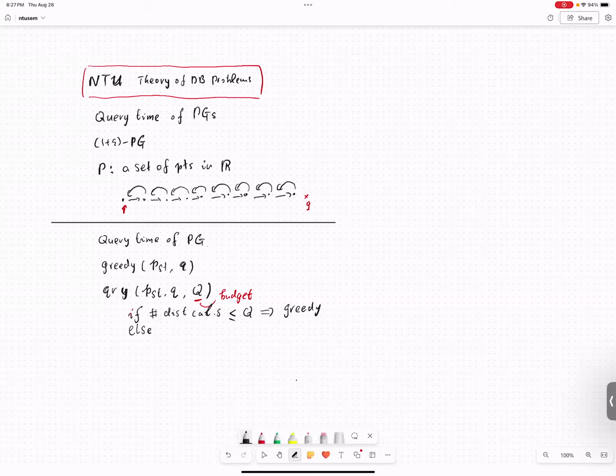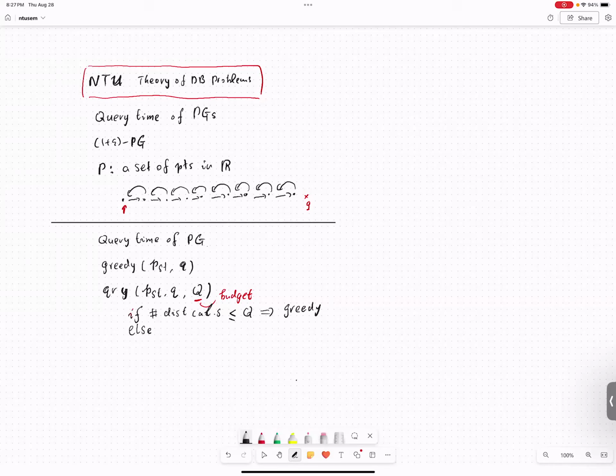Now, to explain our result, we will also need d min and d max. This d min is the smallest inter-point distance in our data set P, and d max is the largest.